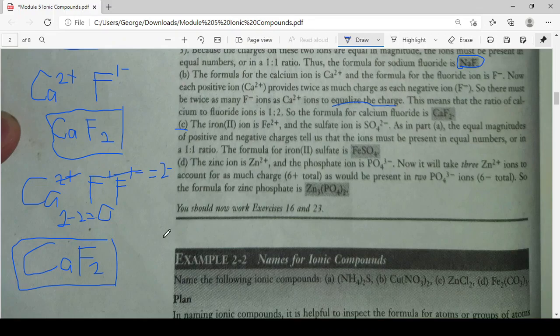Muna. And the sulfate ion. Sulfate ion is written as SO4 2 negative, as in part A, the equal magnitudes of your positive and negative charges tells us that the ion must be present in equals number or in a 1:1 ratio.